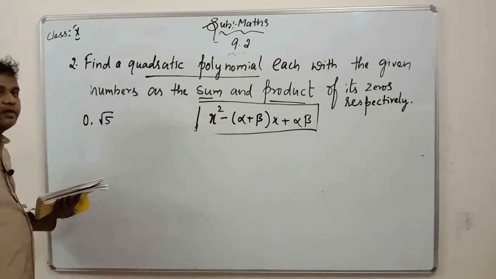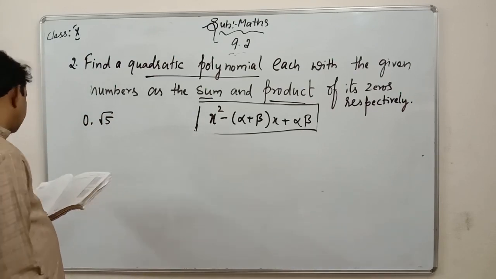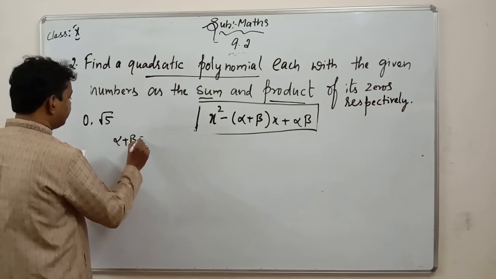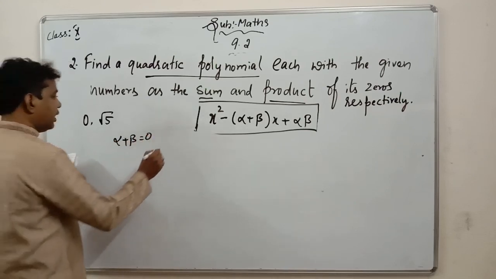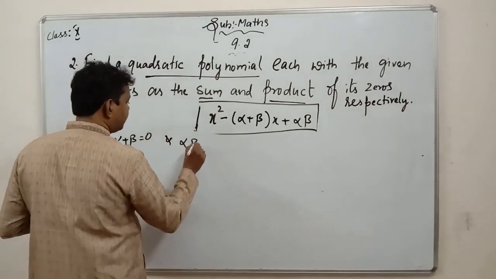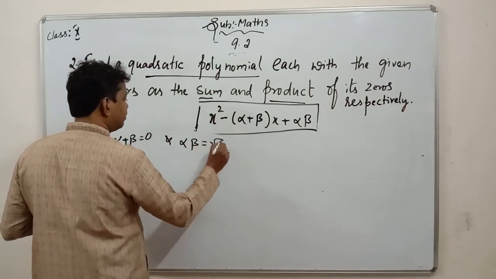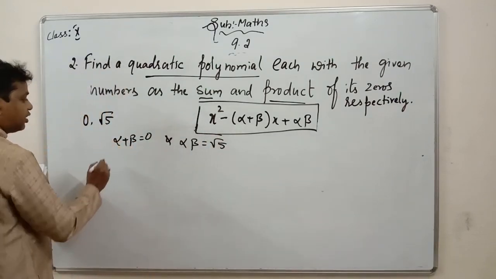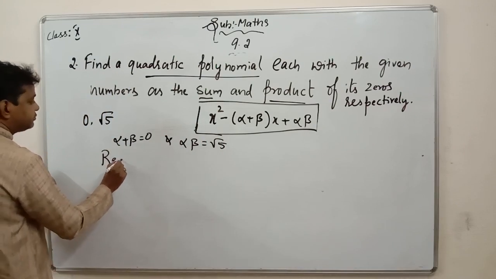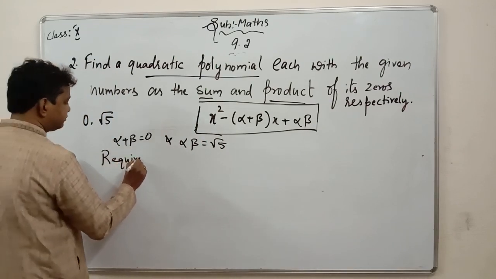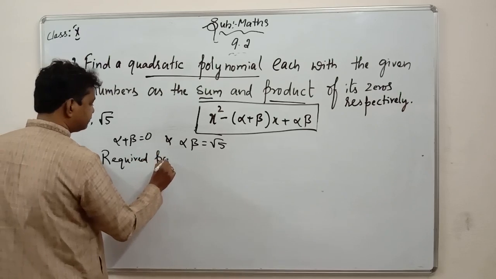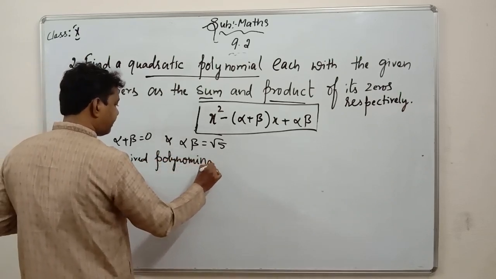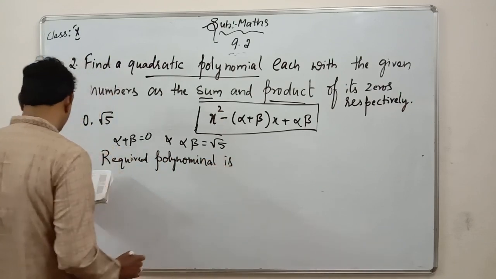Zero and root 5. So this is the third one. So here this can be written as alpha plus beta equals to 0 and alpha into beta equals to root 5. Same thing as it is in the equation. So the required polynomial is, so what is the required polynomial?